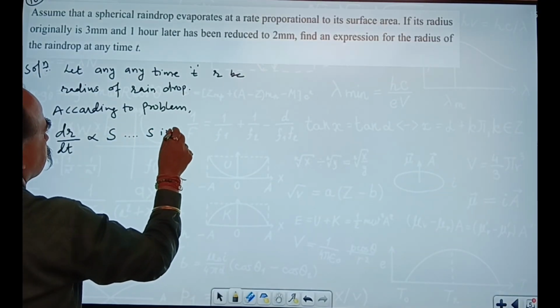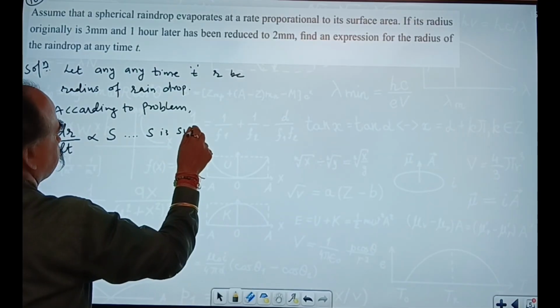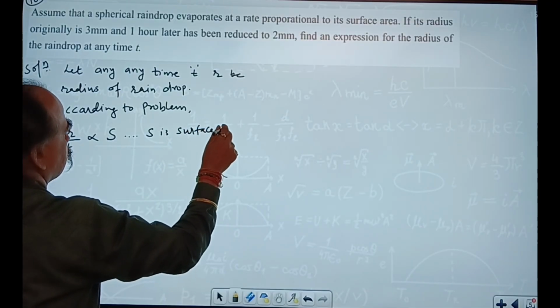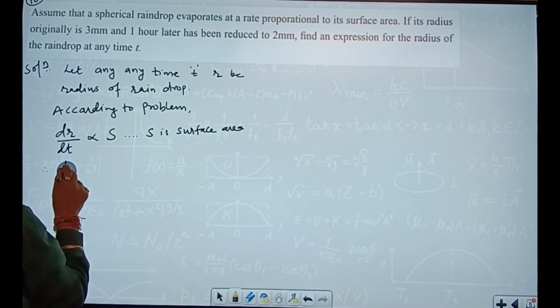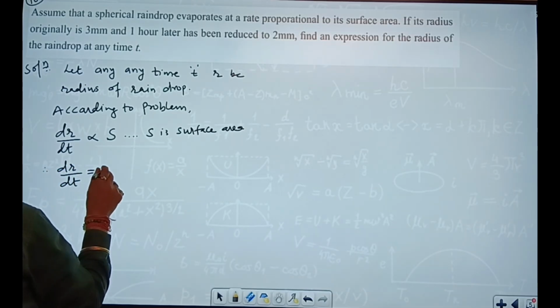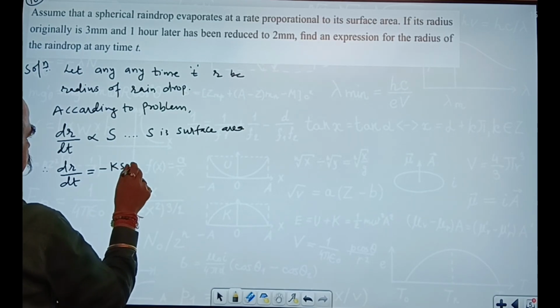S is the surface area. dr by dt is what? Minus KS.